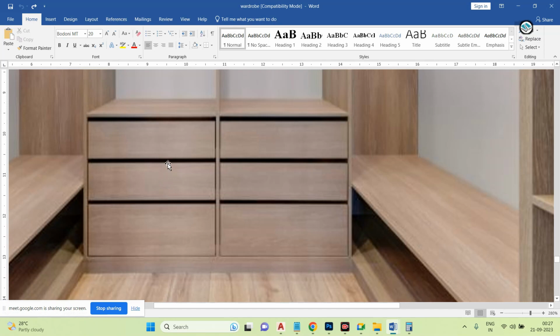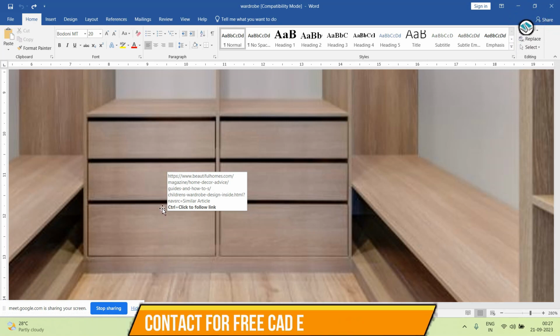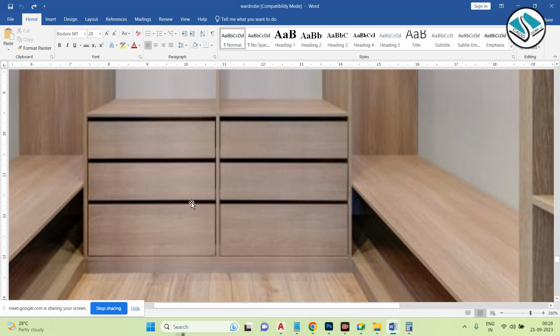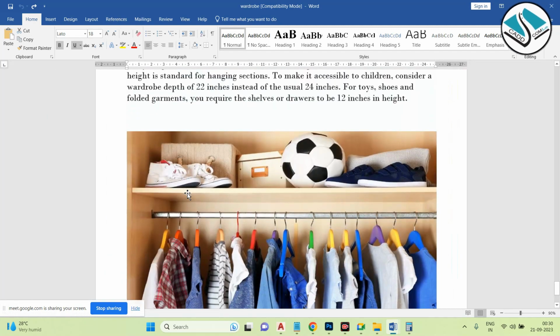This is the standard. We have to focus on these spaces. Don't add from bottom to top, the total space. You can see here.